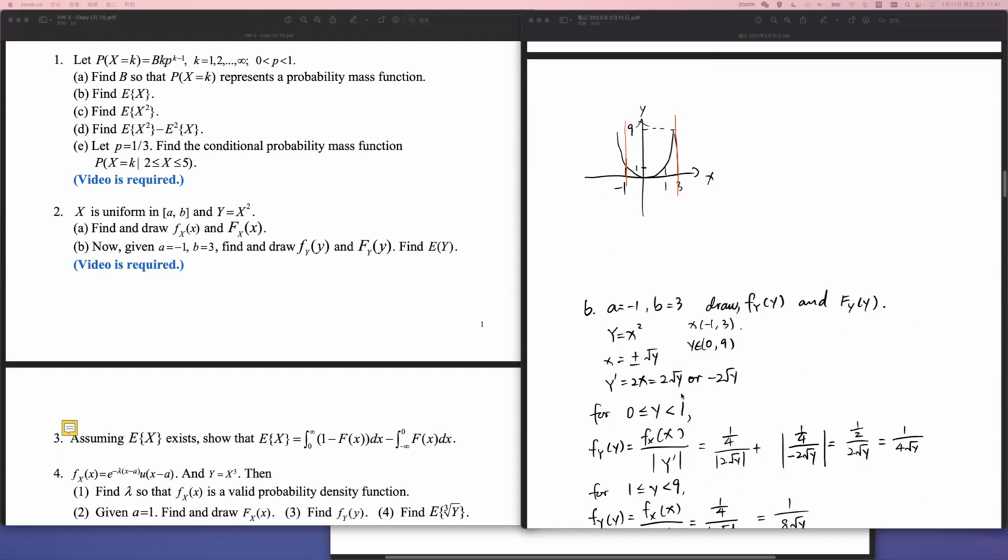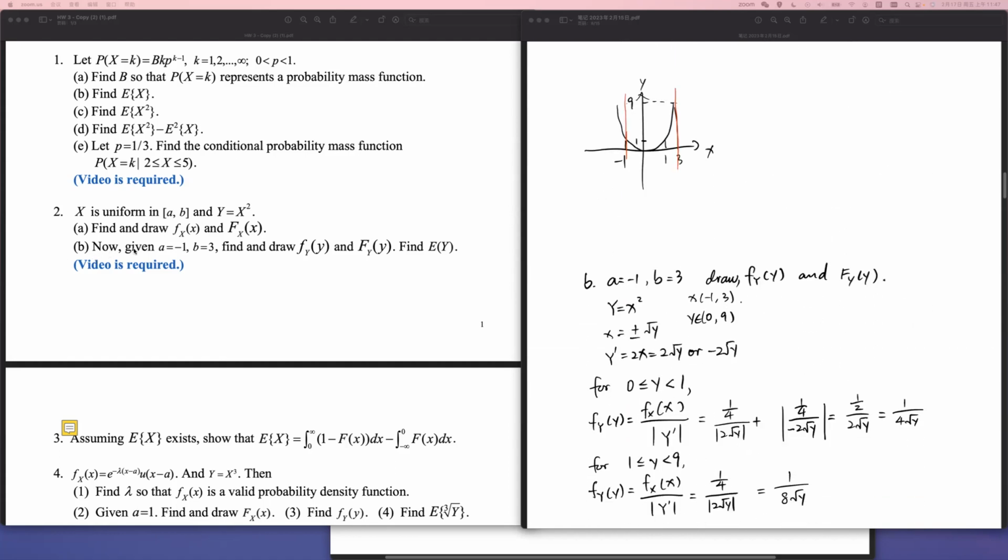Yeah. So for the second part, when a equals -1 and b equals 3, find small f_Y, big F_Y and the expected value of y. So first we find small f_Y. When we plug in -1, I draw a graph and it should be like this. The value of y is from 0 to 9, and the value of x is from -1 to 3.